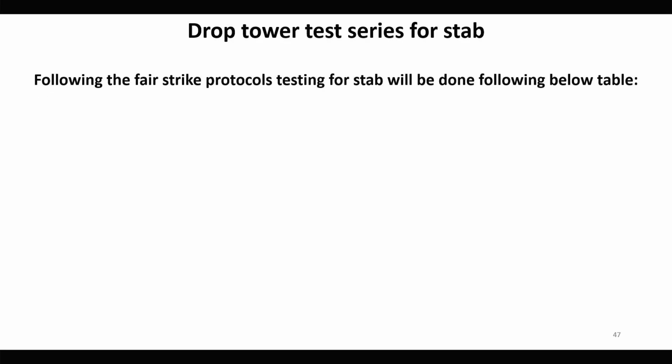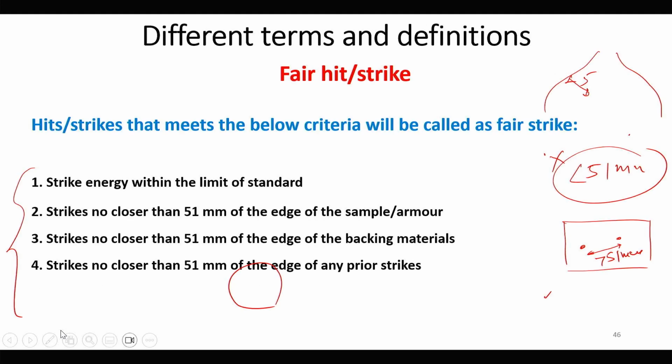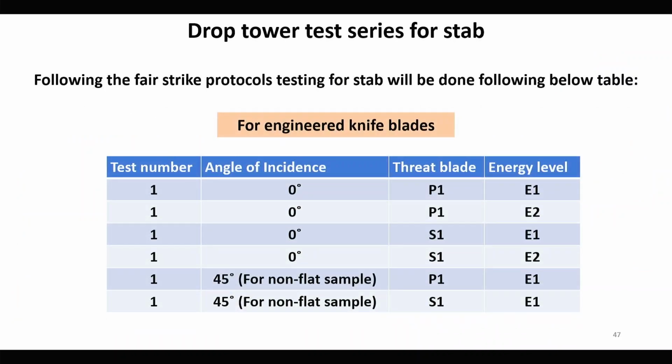And the drop tower test series is used for stab resistance. So, following the fair strike protocol using all 5 guidelines, these 5 criteria that we have discussed earlier, testing for stab will be done using the following table.